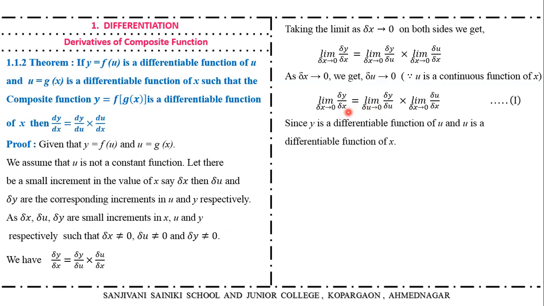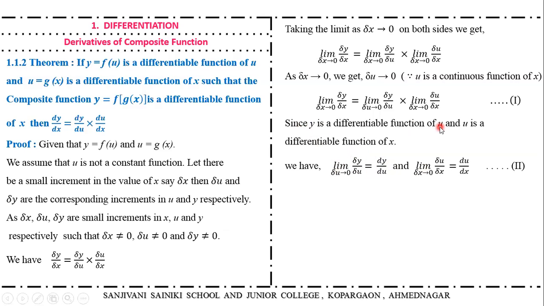So I can write the given equation as, instead of delta x tends to 0, I replace it here with delta u tends to 0. Now in the theorem, it is given that y is a differentiable function of u and u is a differentiable function of x. That means we can find the derivative of y with respect to u and the derivative of u with respect to x. This is our equation number 2. Why do we write this?